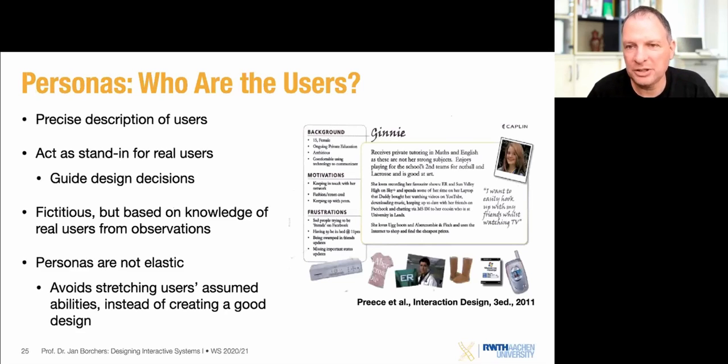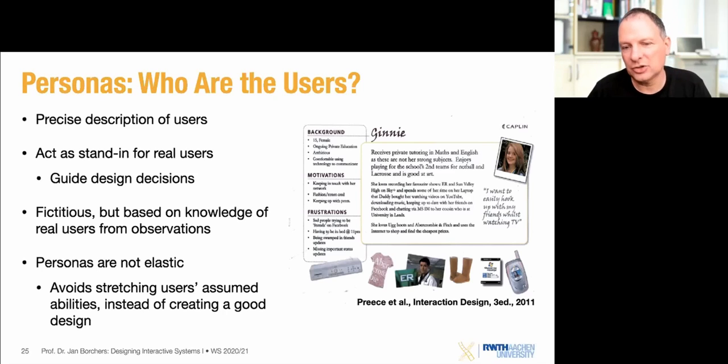They are made-up people, but they are aggregated from the observations you've made about real people. They act as a stand-in for a real user because of privacy issues. You usually don't want to share the actual individual person that you've interviewed, obviously. But this persona, since it's a made-up person, can act as a stand-in in that situation.